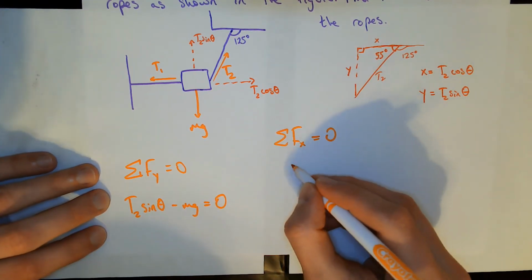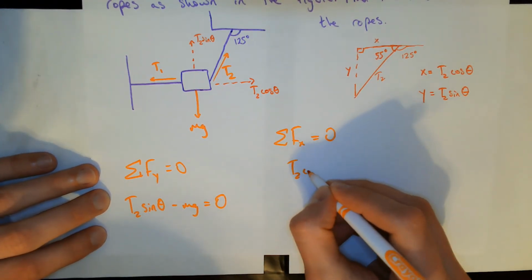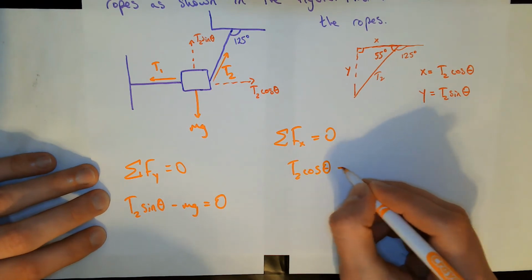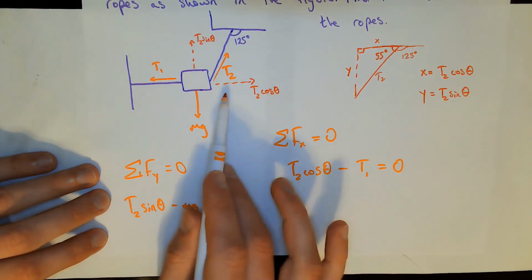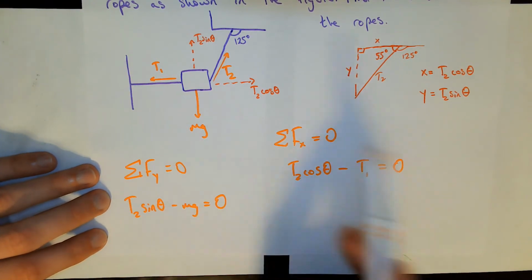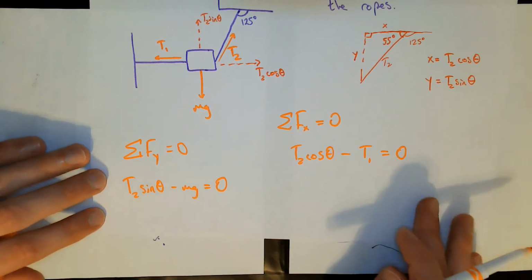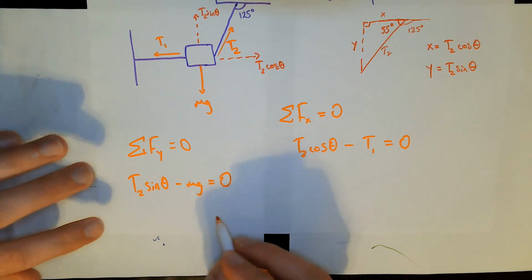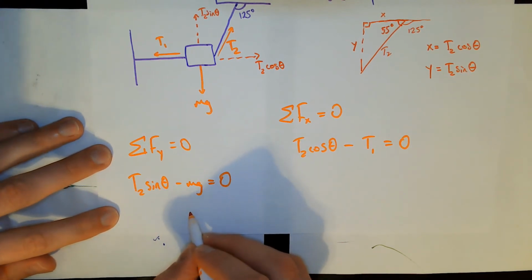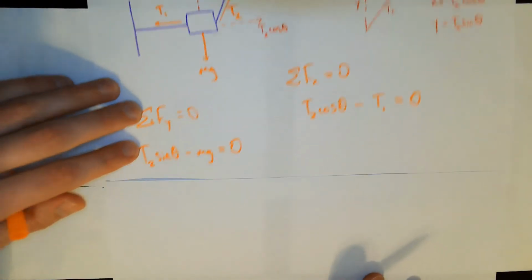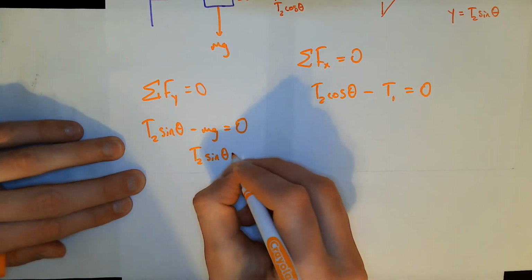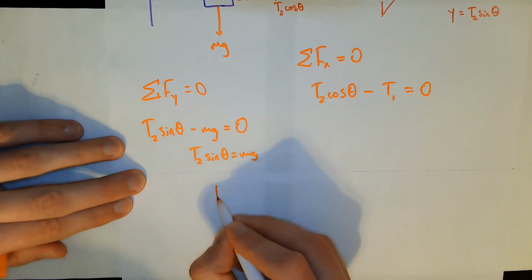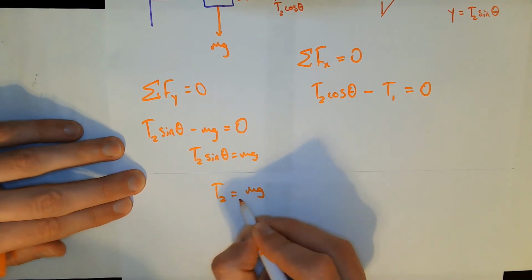So that means my positive T2 cosine theta minus T1 should be equal to 0. So those two forces, positive one and the negative one, should sum to 0. So you see we're getting a relationship over here: T2 sine theta equals mg, and T2 is equal to mg over sine theta.